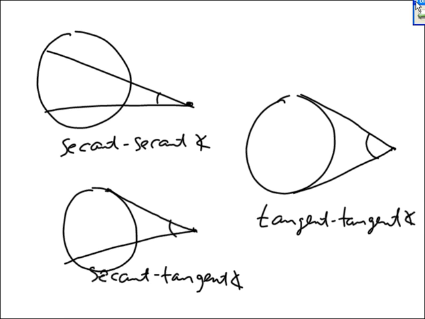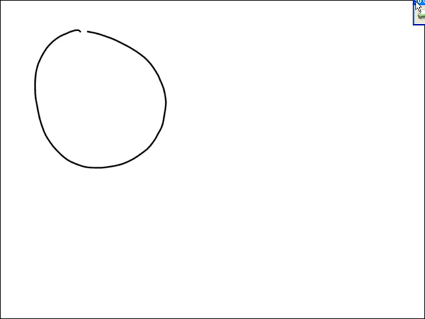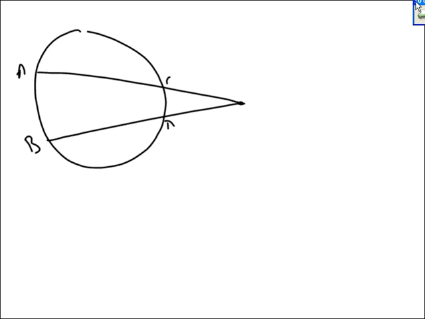Okay, now let us talk about the measure of that angle. What's the relationship between the angle and the arcs? It doesn't matter whether we're secant, secant, tangent, secant, or tangent, tangent. Arc AB, arc CD.